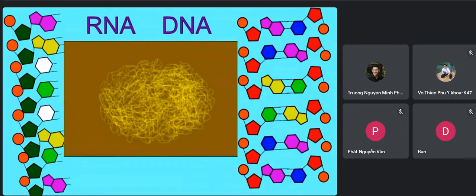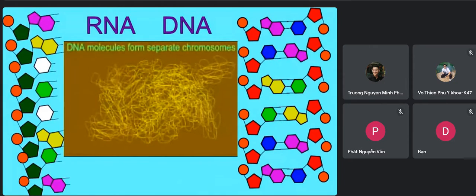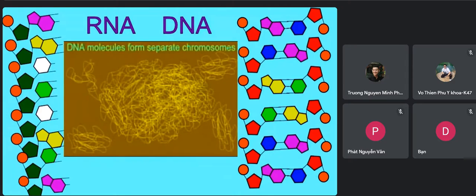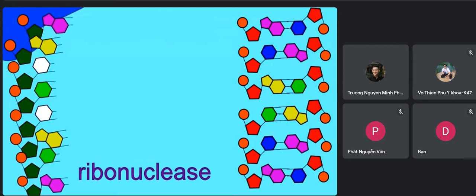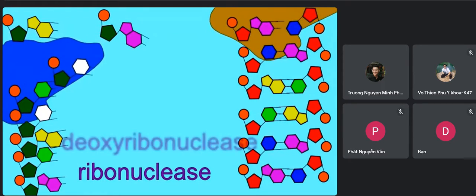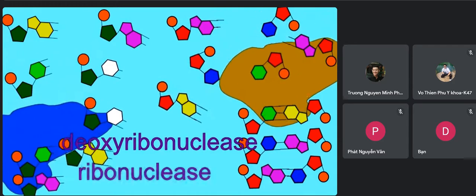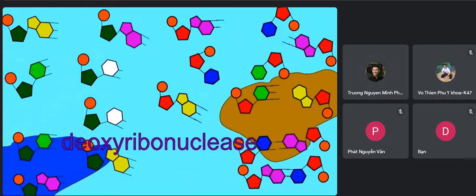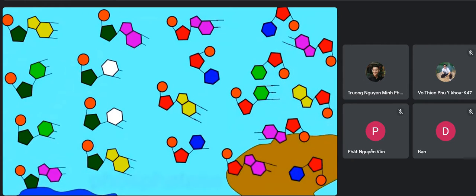Cells possess an enormous amount of nucleic acid. A human cell, for example, possesses almost 6 feet of DNA. So thus, nucleic acids are organic molecules which can be used for energy. And the pancreas produces both ribonuclease, which separates RNA molecules into individual nucleotides, and deoxyribonuclease, which separates DNA chains into individual nucleotides.